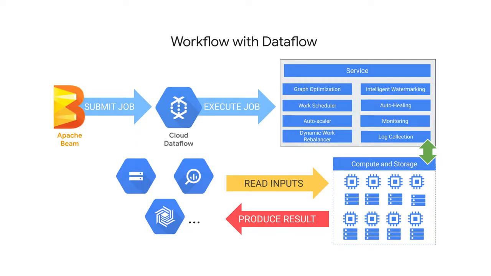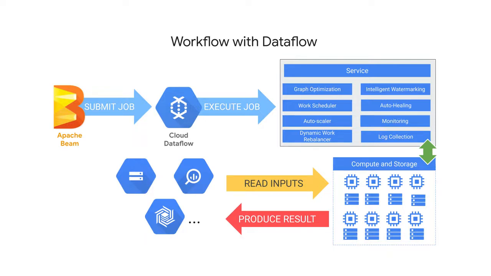It will rebalance automatically to best utilize the underlying workers. And it'll connect to a variety of data sinks to produce a result. BigQuery is just one of the many sinks that you can output data to, as you'll practice inside of your lab. What you won't see by design is all the compute and storage resources that Cloud Dataflow is managing for you elastically to fit the demand of your streaming data pipeline.